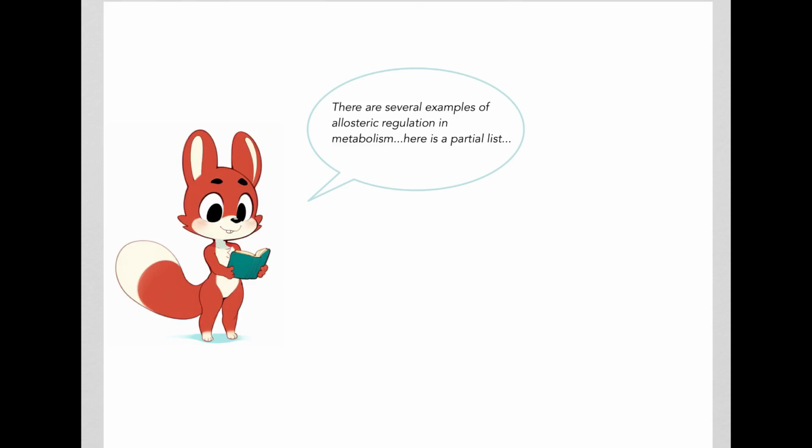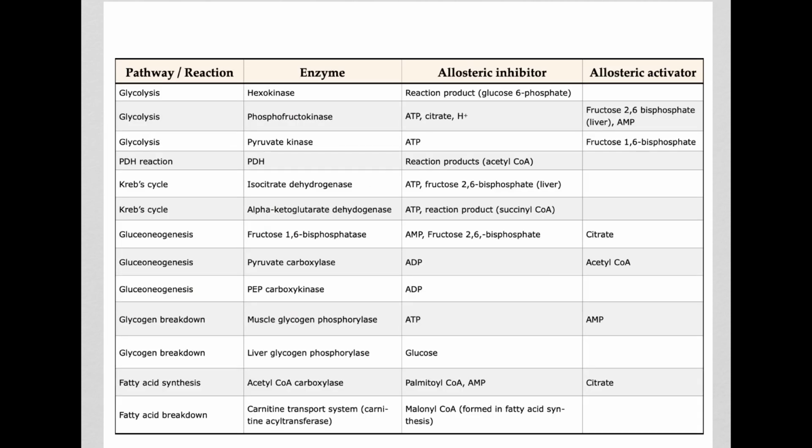Allosteric regulation is very common in metabolism, and you can see that in many metabolic pathways besides glycolysis. There is allosteric regulation in the PDH reaction, Krebs cycle, gluconeogenesis, glycogen breakdown, and so on, fatty acid metabolism.